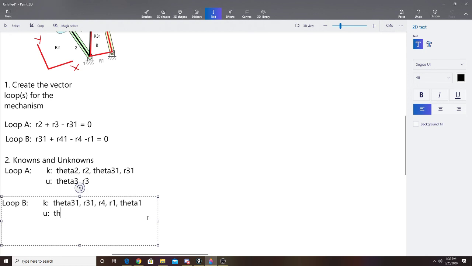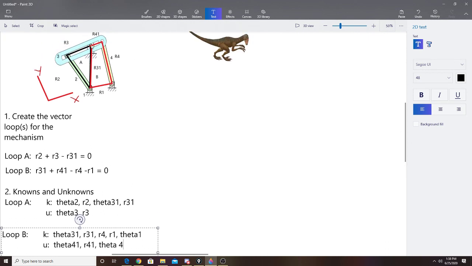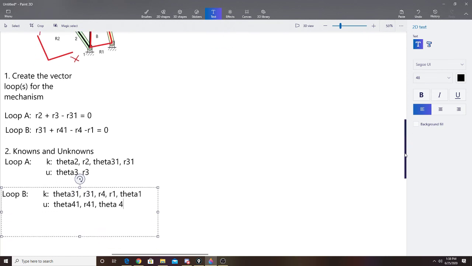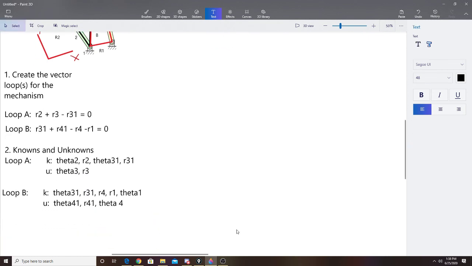It was theta 41, R41, and theta 4. Right? I think that's what we came up with. So it's this angle, this line, this angle, everything else is good. So we're good. We have our knowns and unknowns, loop A and loop B, right?